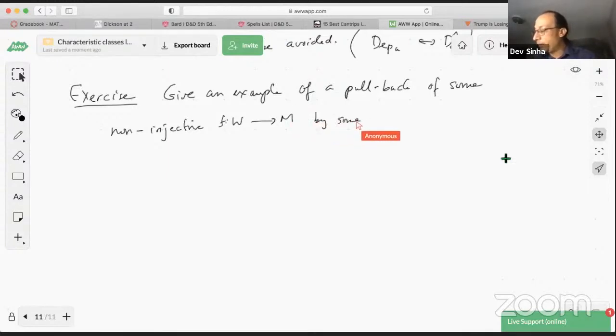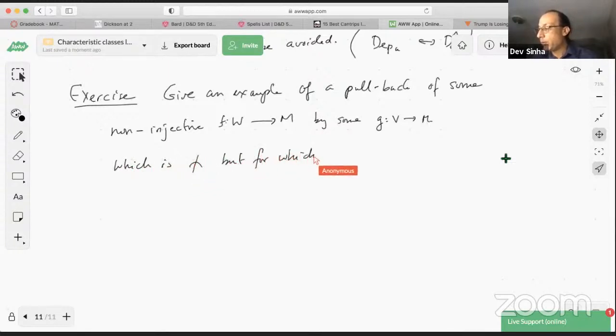Instead of sigma, let me give you some more flexibility. Take any V you want, which is transverse and smooth, but for which the image of G does intersect the image of the singular set.